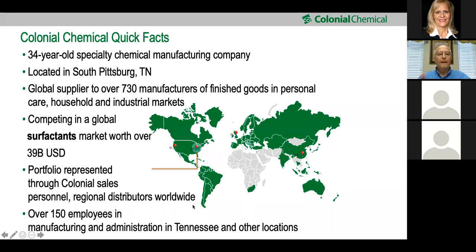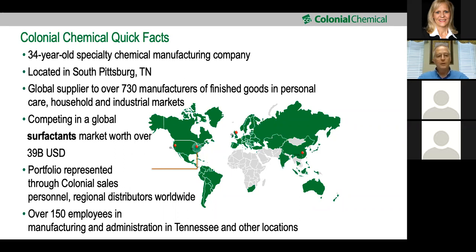So some quick facts about Colonial Chemicals. If you've never heard of us, we are a 34-year-old specialty chemical manufacturing company located in South Pittsburg, Tennessee. That's about 25 miles west of Chattanooga. We're an independently and privately owned company. We're a global supplier to over 730 manufacturers of finished goods, largely in personal care, HI&I, and industrial lubricants.